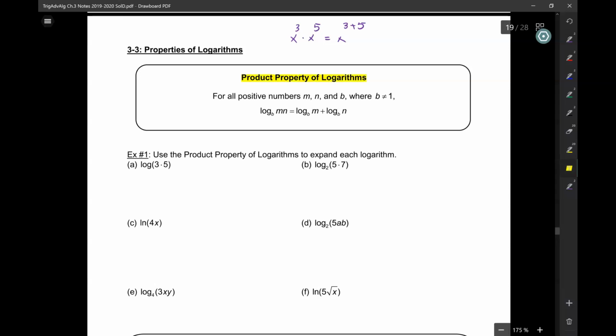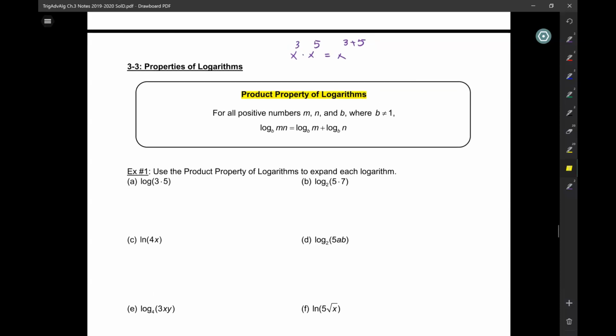If I have log mn, this is saying what is the exponent of these two things multiplied by each other. So just like here, what is the exponent of the x cubed and the x fifth when they're multiplied by each other? Well, what do you do to the exponents? You add them. So you add the exponent of the first one plus the exponent of the second one, right?